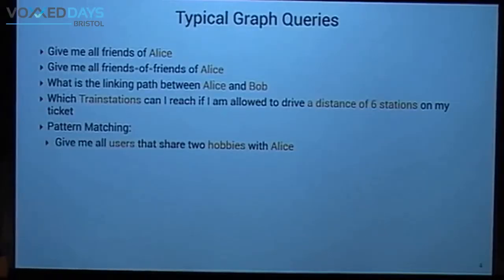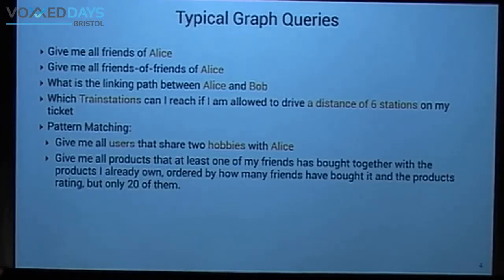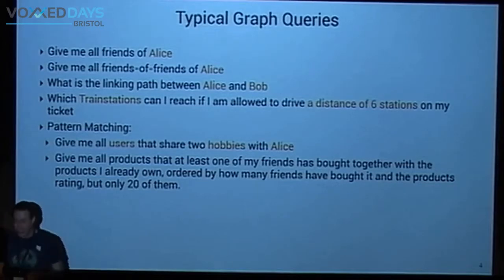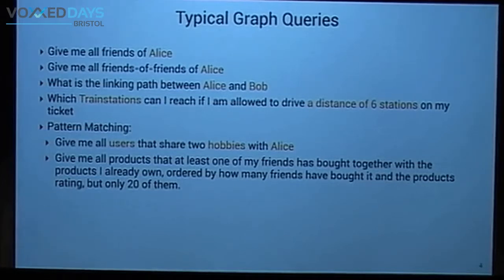So give me all the users that share 2 hobbies with someone called Alice. Or classical recommendation, which sounds pretty complex, but give me all products that at least one of my friends has bought, together with the products that I already own, because then it's most likely that I need them as well.